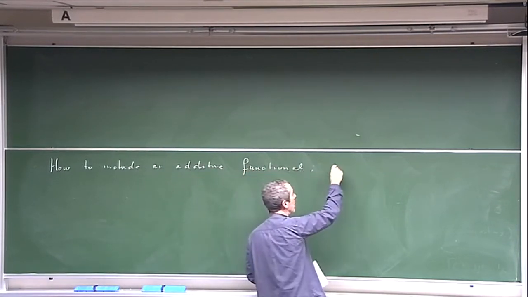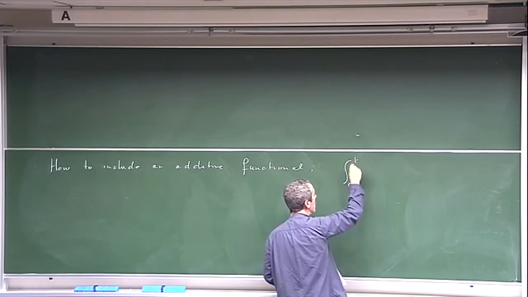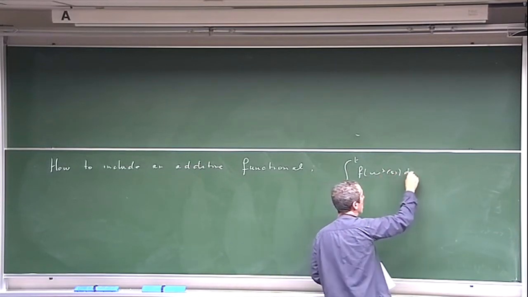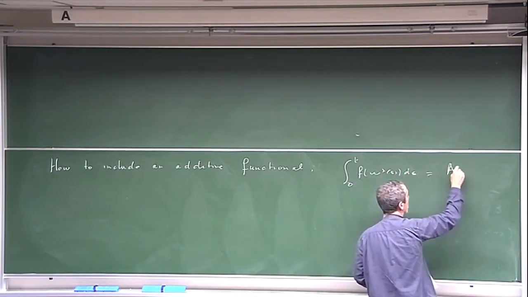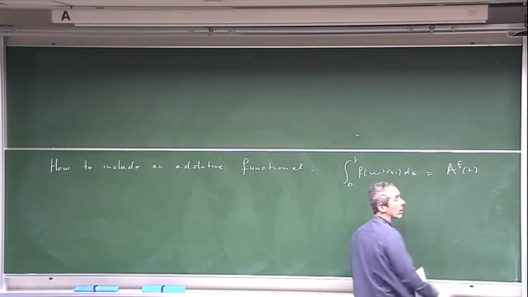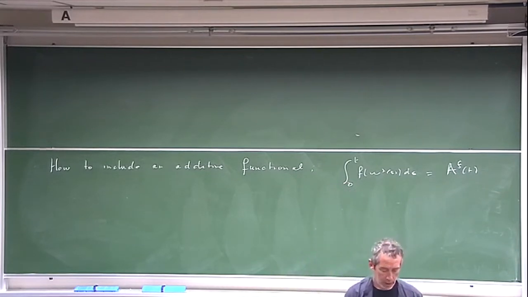I want to include an additive function of the form the integral from 0 to t of f of omega lambda of s ds. And my notation for this is AF evaluated at time t. So how do we modify the algorithm in order to do that?